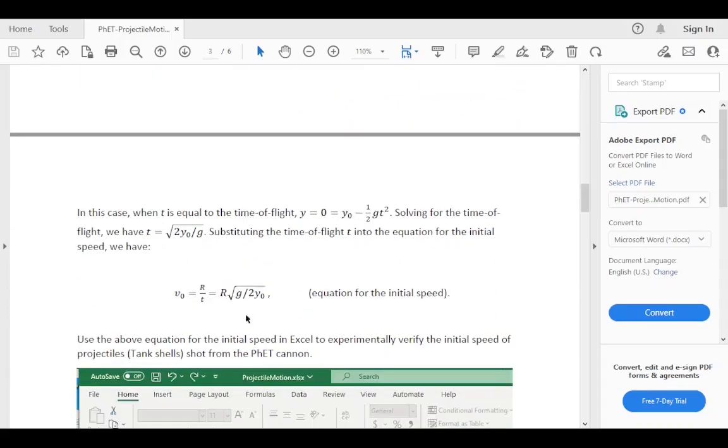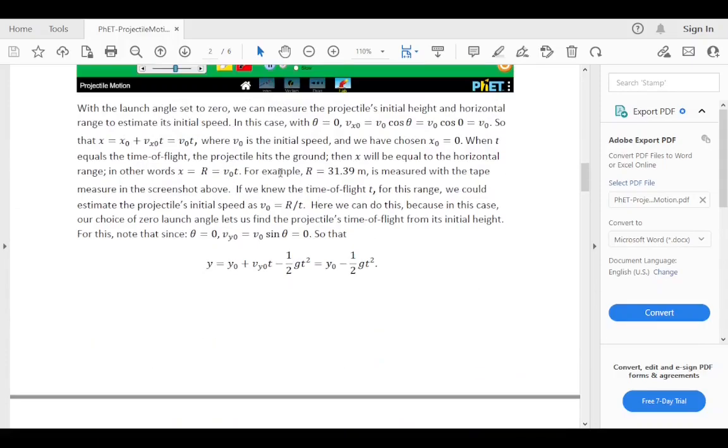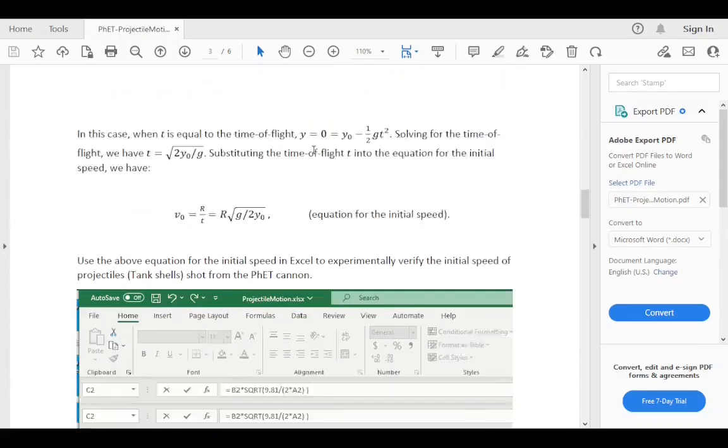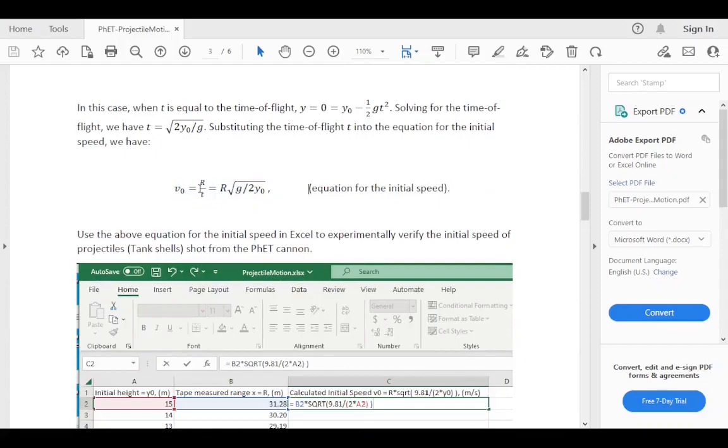All right, here's the equation we derived. I derive it again in the handout, and this is the equation for the initial speed of the projectile shot from the FET cannon, or any projectile. That gives you its initial speed assuming that you shoot it at a 0-degree launch angle, that is, we fire it horizontally.